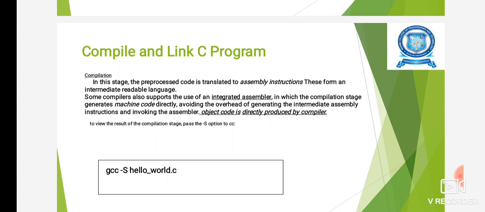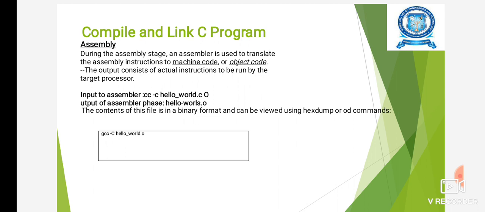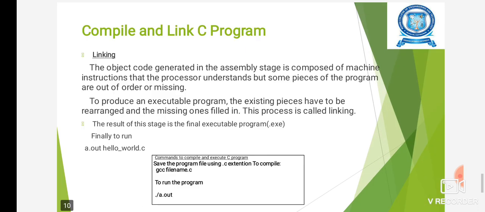That is, object code is directly produced by the compiler. Then assembly. During the assembly stage, an assembler is used to translate the assembly instructions to machine code or object code. The output consists of actual instructions to be run by the target processor. So this is the example for assembler code.